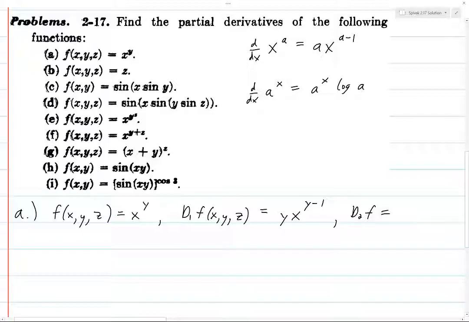Anyways, using our rules here, for d2 f, y is the variable, so we get x to the y times log of x. And then, what if we take the derivative with respect to z? Well, with respect to z, x to the power of y is just a constant, so the derivative is 0. Alright, so that's easy enough.